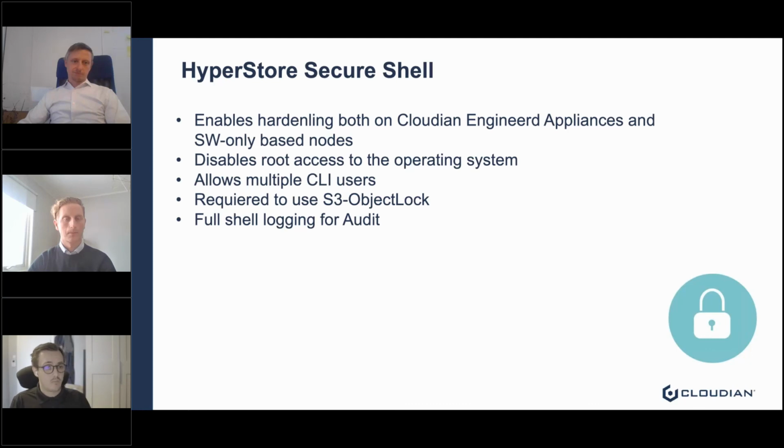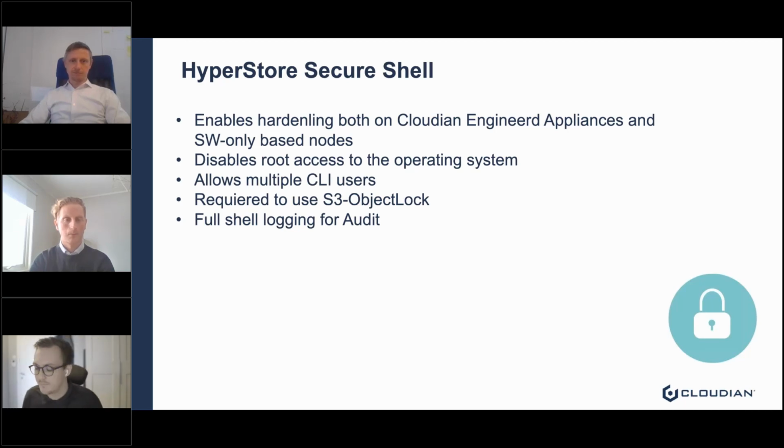It's working both on our appliances and on software-only based on whatever hardware. This is basically locking down and hardening the CentOS or Red Hat operating system you're running, and disables root. You can have multiple admins, and it's actually creating a shell UI on top of the CLI.